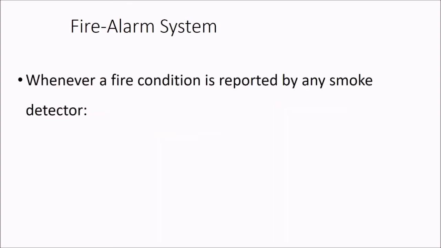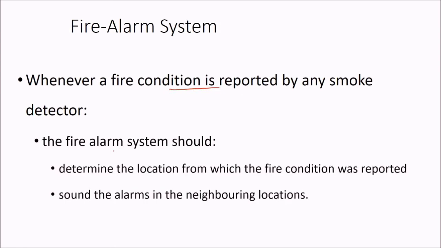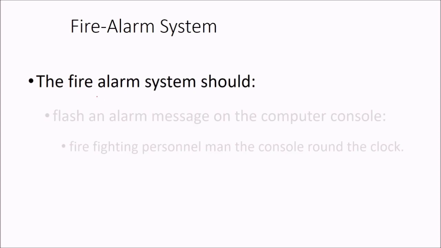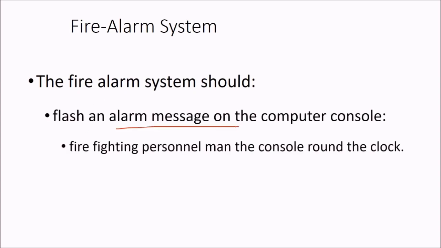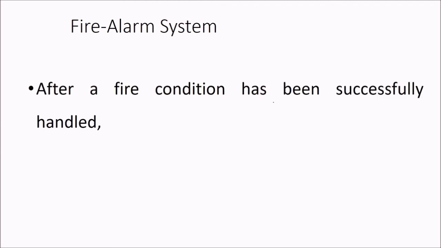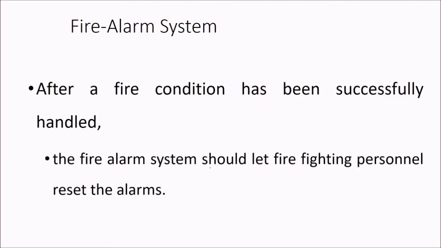Whenever a fire condition is reported by any smoke detector, the fire alarm system should determine the location from which the fire condition was reported and then sound the alarms in the nearby or neighboring locations. The fire alarm system should also flash an alarm message on the computer console, which the firefighting personnel must monitor round the clock. After a fire condition has been successfully handled, the fire alarm system should let the firefighting personnel reset the alarm. So we have seen the problem.